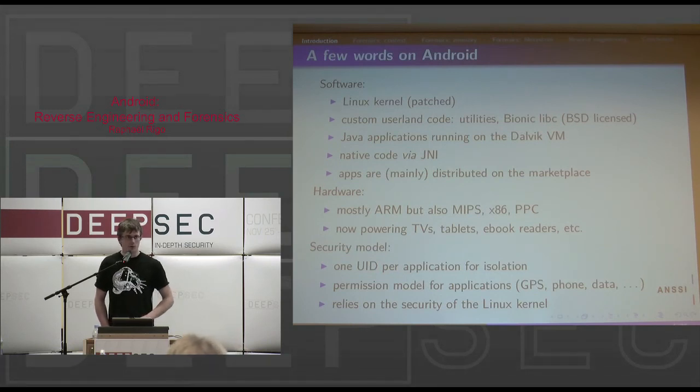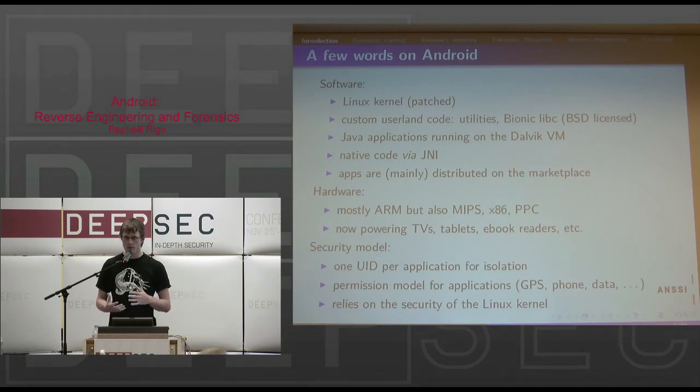The security model is also very interesting, because in contrast to your usual PC, you don't run everything as the same user. Each application runs with its own Unix UID, so applications are separated. One application cannot ptrace another. And they added a permission model enforced by the Linux kernel, where you have to ask for permission to get location data or to exchange data with other applications.